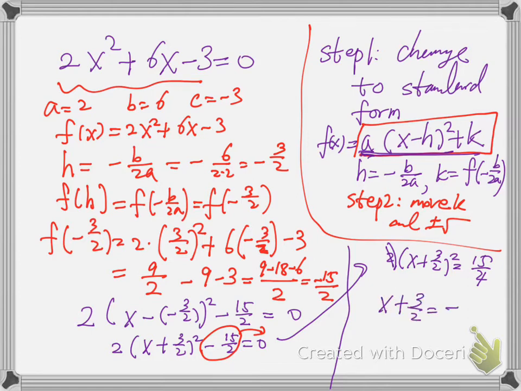So x plus 3 over 2 is positive negative radical 15 over 2, since square root of 4 is 2. So x1 is negative 3 over 2 plus radical 15 over 2. x2, you change plus to minus: negative 3 over 2 minus radical 15 over 2.